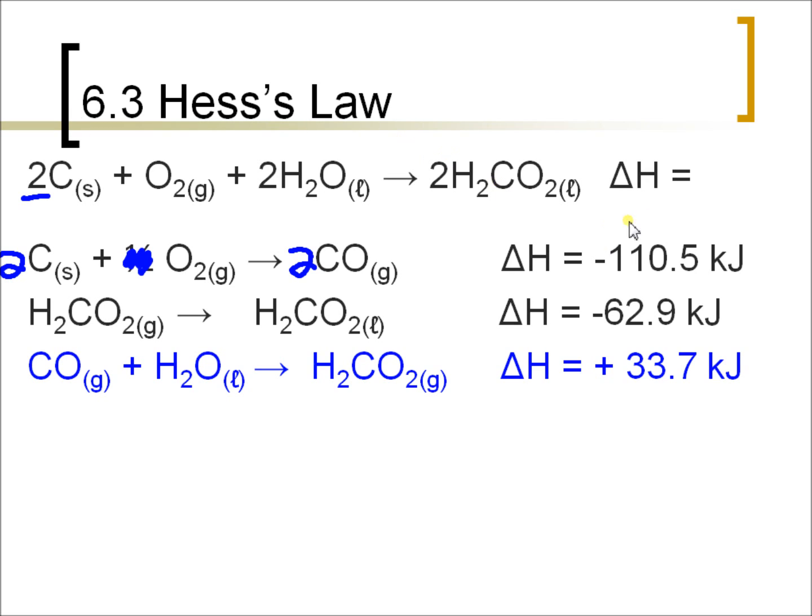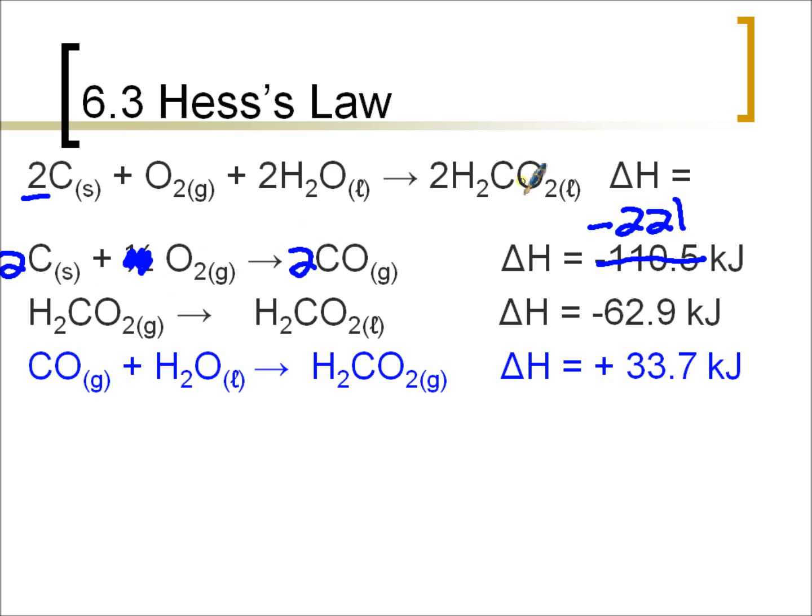Okay, so using my calculator, camera's not working. So using my calculator, I get a negative 221 as my new delta H for this reaction because I multiplied it times 2.